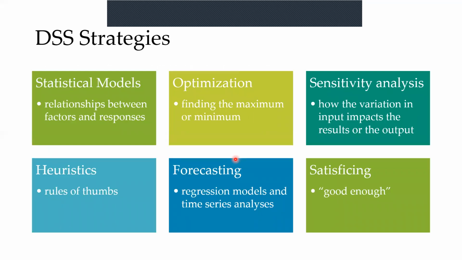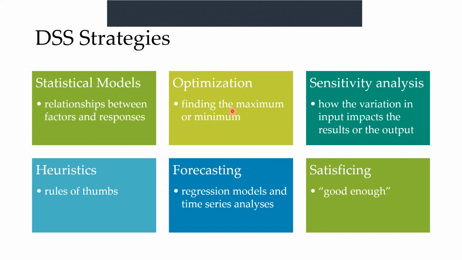Some DSS strategies. So we have statistics, using statistical models. We all know this, that it establishes relationships between factors and responses. Then we have optimization. Here, we use mathematical procedures to find the maximum or minimum of a function.